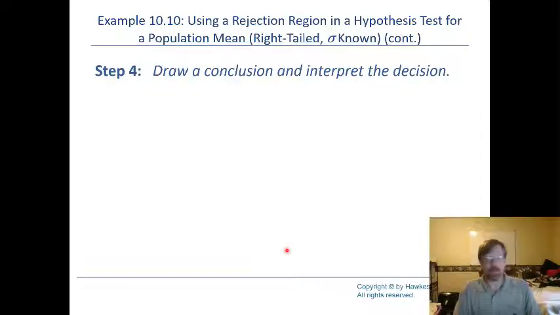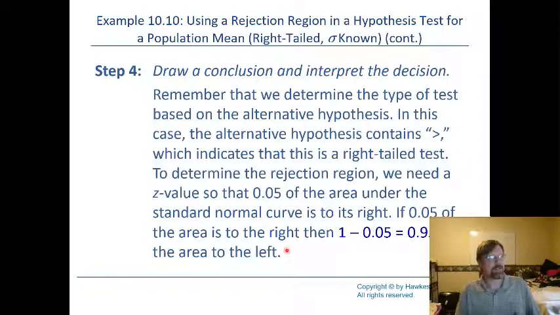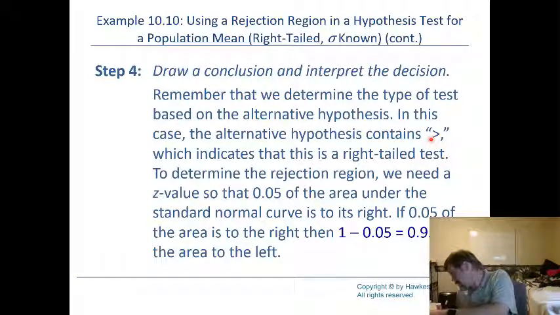Okay, draw a conclusion and interpret the decision. So our alternative hypothesis contains a greater than, so we're dealing with a right-tailed distribution. According to the table, the table nicely includes this calculation for me.